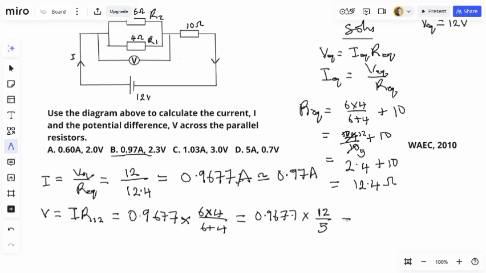If you do this multiplication, you'll have 2.3225 volts. If you approximate that, that will give you 2.3 volts. So therefore, our current is 0.97 amps, while our voltage is 2.3 volts.